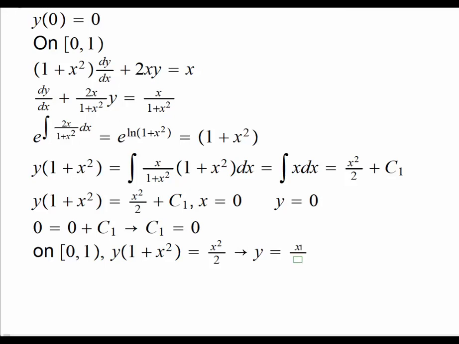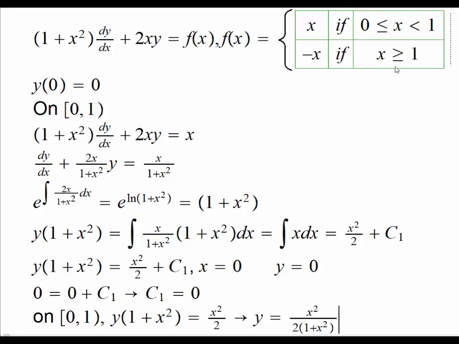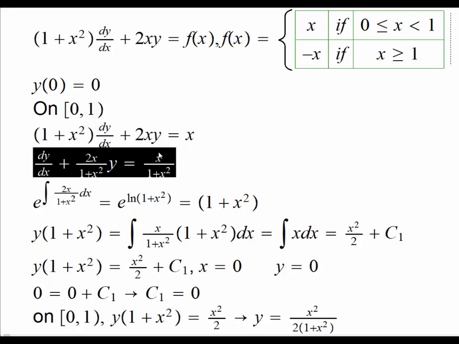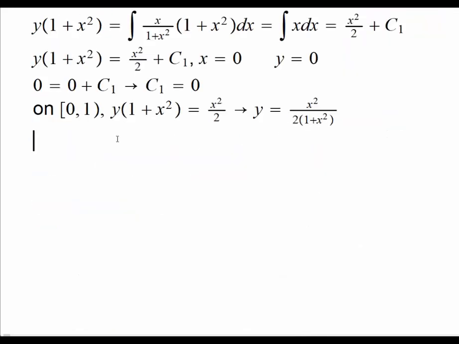Okay, so this is for this side, and when we go for the closed interval from 1 to infinity, then let me go back and see what it was. Yes, we have the closed interval from 1 to infinity. The only difference is that here we have a negative sign, right?